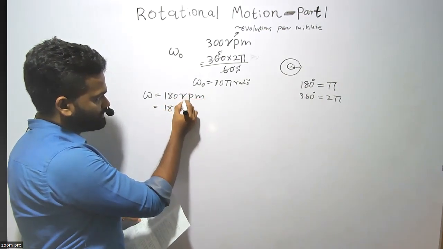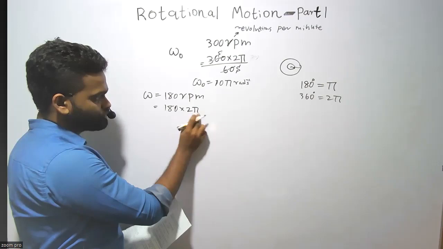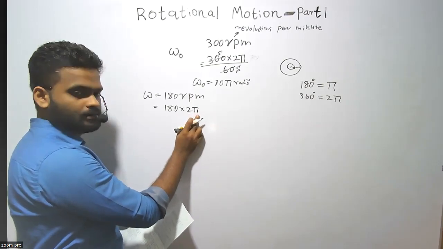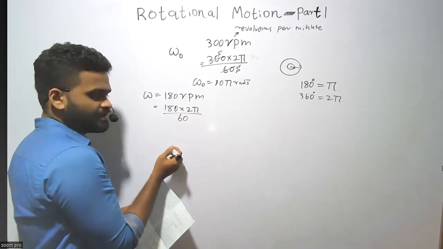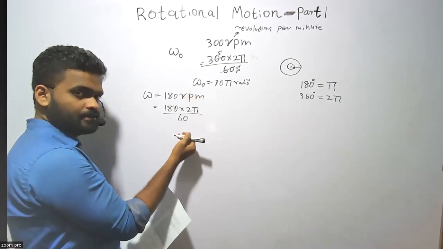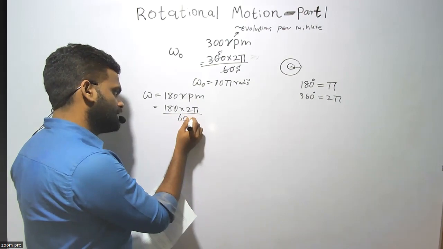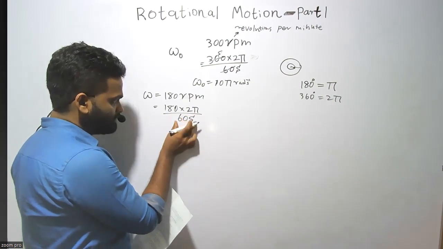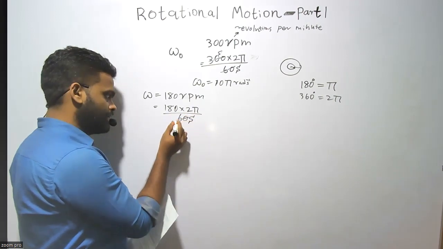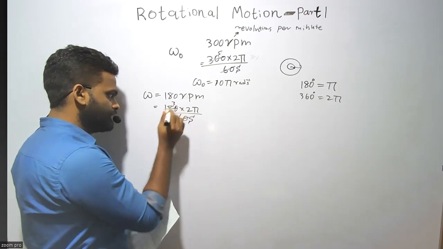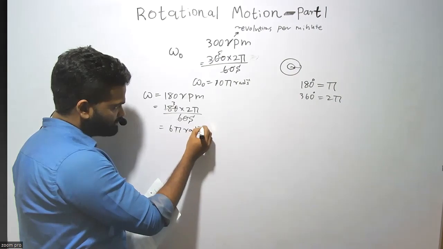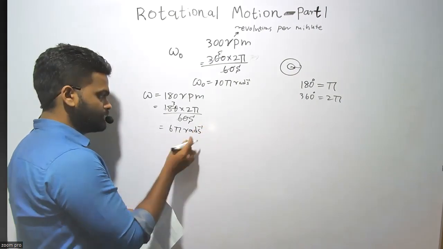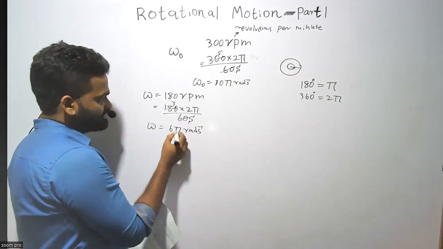So revolution means in radians, one revolution has 2 pi amount of angle, per minute, divided by 60 seconds. Per means you have to divide by 1 minute, right? So 1 minute means 60 seconds. Then simplify. 3 times 2, that is 6 pi. Now it is fully radians per second. Okay. So this is the final velocity.